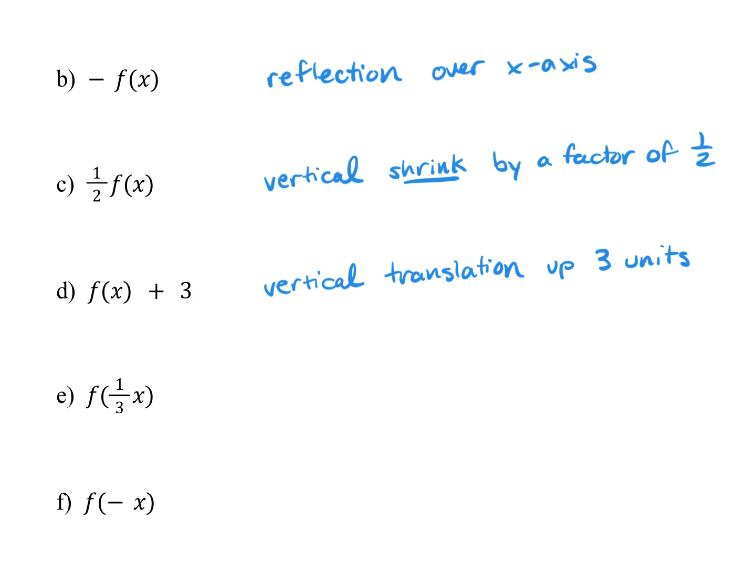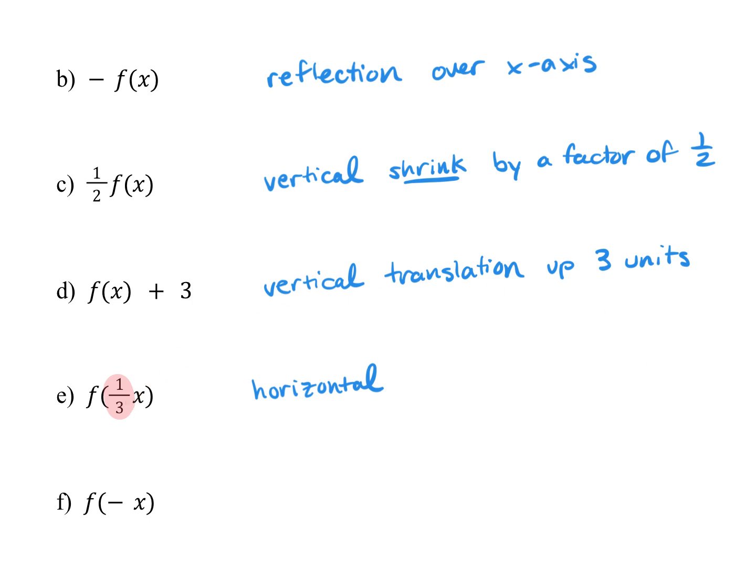Now here's probably the trickiest one. Here I see that this is being done specifically to x, so I know it's horizontal. I also see that the operation is multiplication, so I know it's going to be a stretch or shrink. But before I decide that, I need to figure out what the factor is. And remember, for the horizontal stretches or shrinks, the factors are always reciprocals.